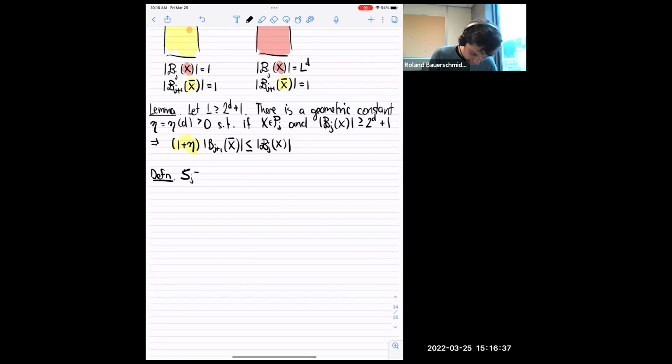Sj is the set of connected polymers, scale j, such that the number of blocks in X is at most 2 to the d. These are called small sets. So small sets are going to be the dangerous ones.